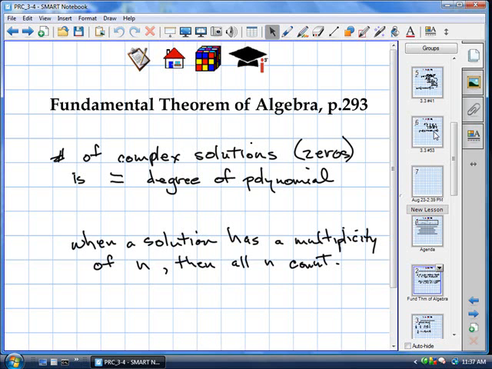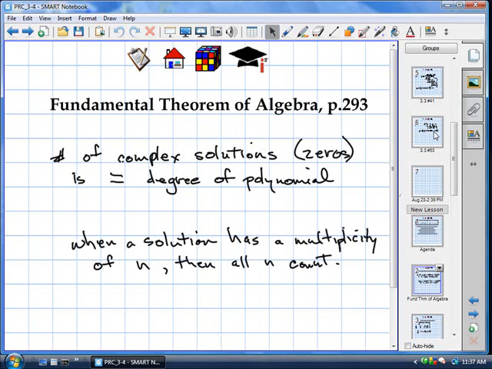If it's a 7th degree polynomial, there are guaranteed to be 7 complex. Now notice I'm saying complex. So that means if you count all the imaginary answers, there's that many. Also, if there's an answer that has a multiplicity in it, I'm counting all the multiplicities.